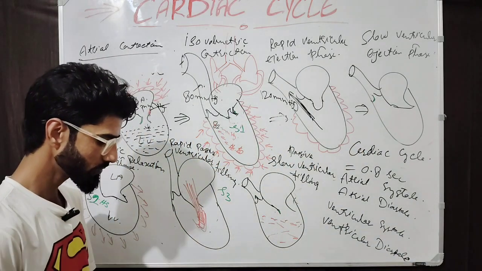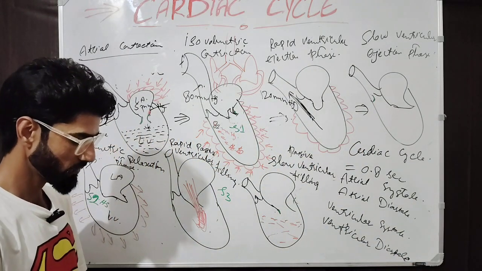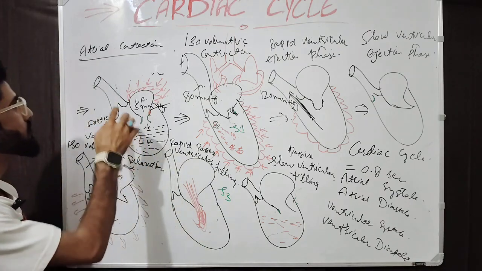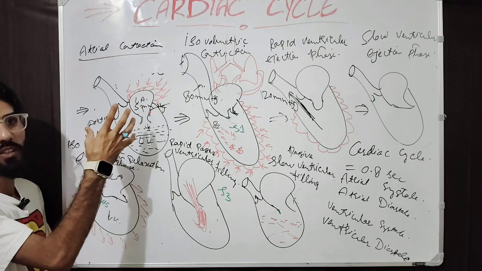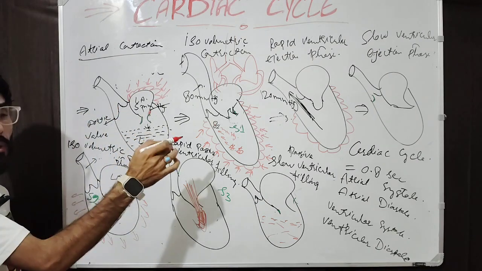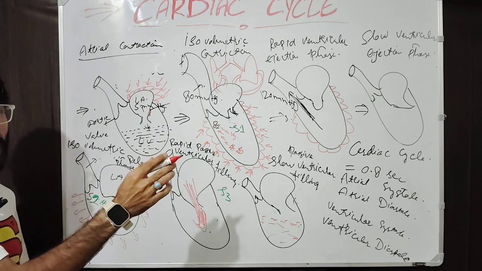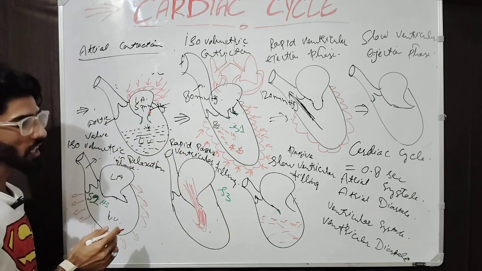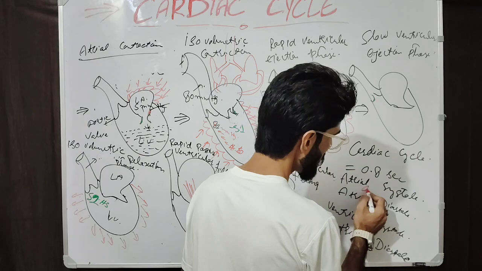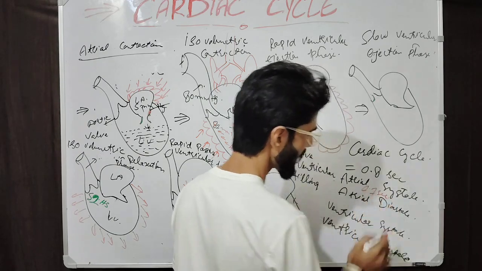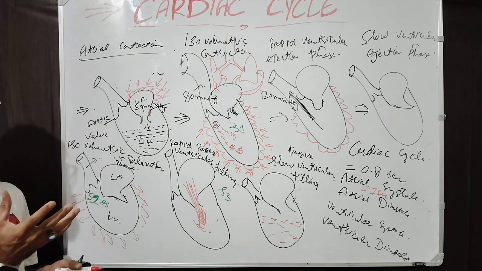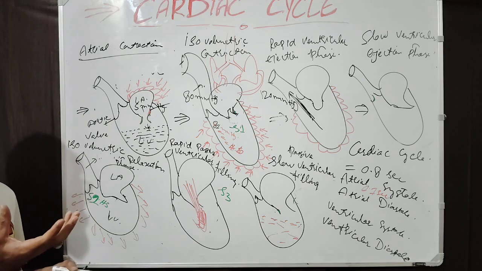So atrial systole is the first event. Out of 0.8 seconds, atrial systole will last for 0.1 second.